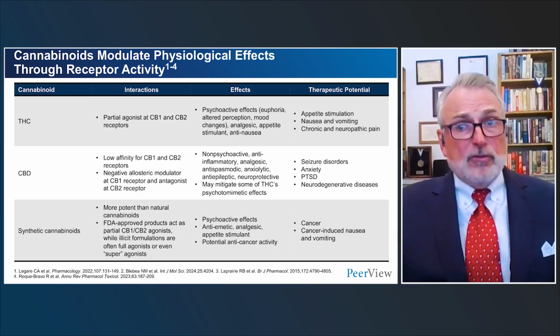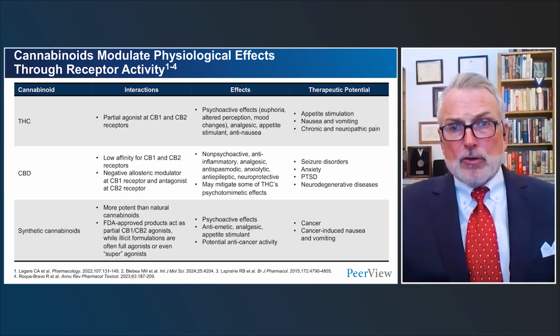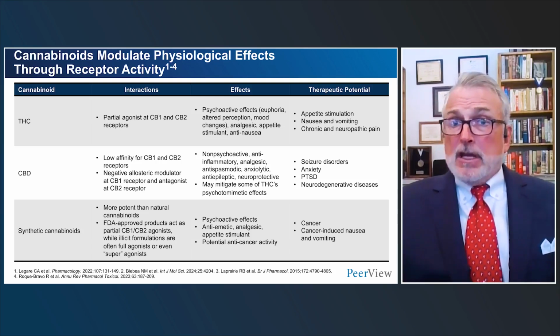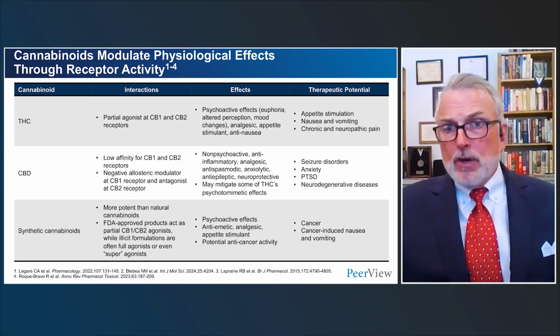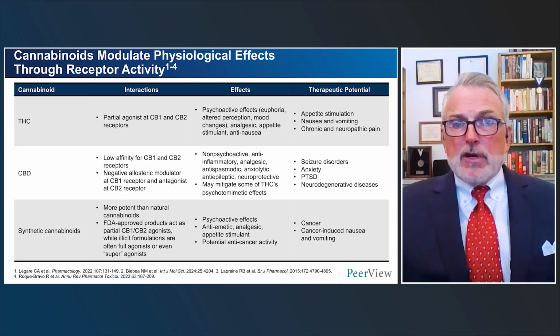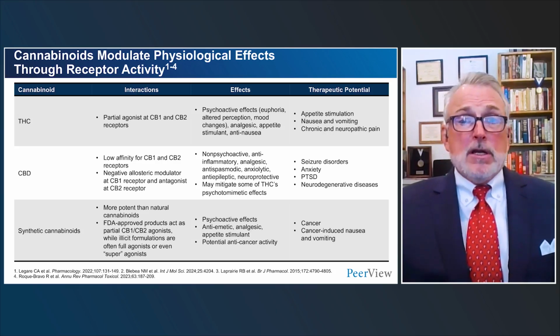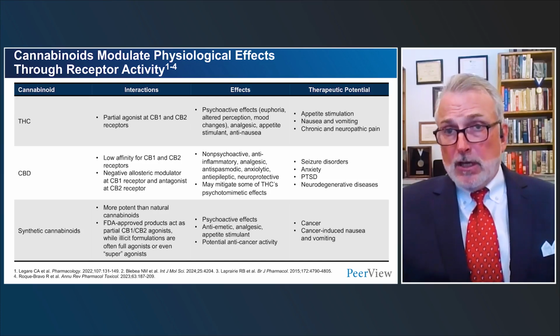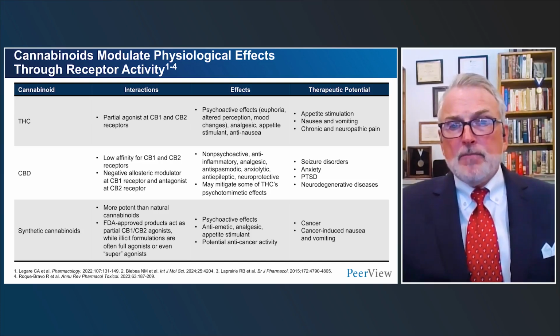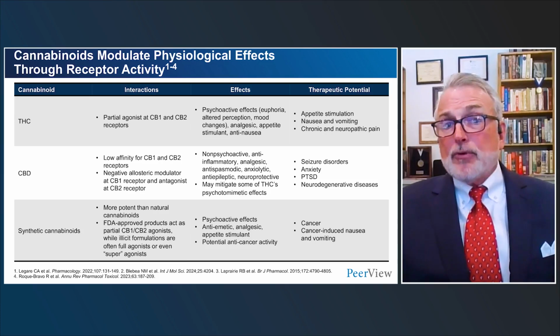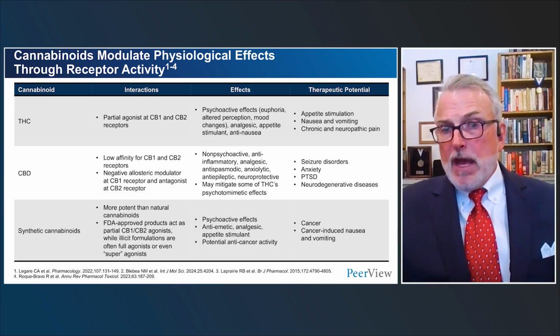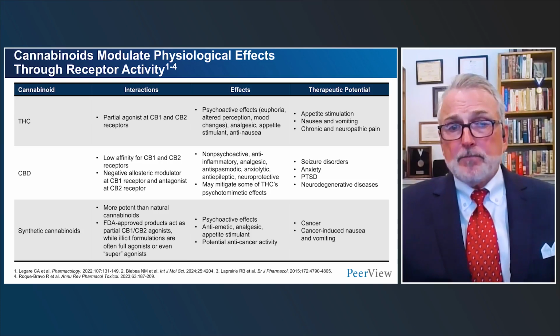It's been approved by a variety of regulatory agencies, including in the European Union and the US FDA, for treating appetite stimulation in HIV/AIDS, for instance, or cancer chemotherapy, and it appears to have great promise in chronic and neuropathic pain, although it hasn't yet been approved for that purpose.